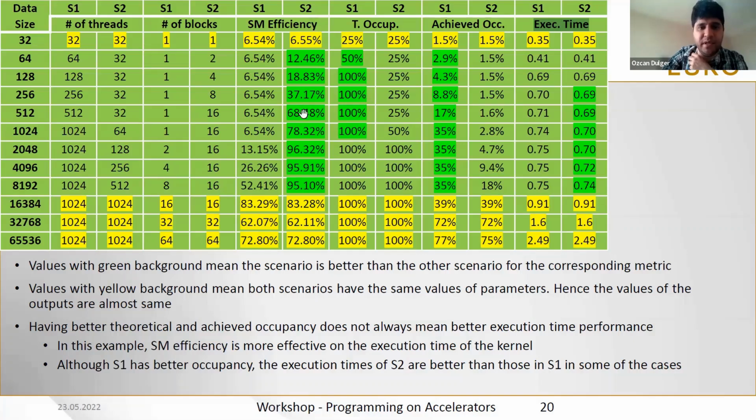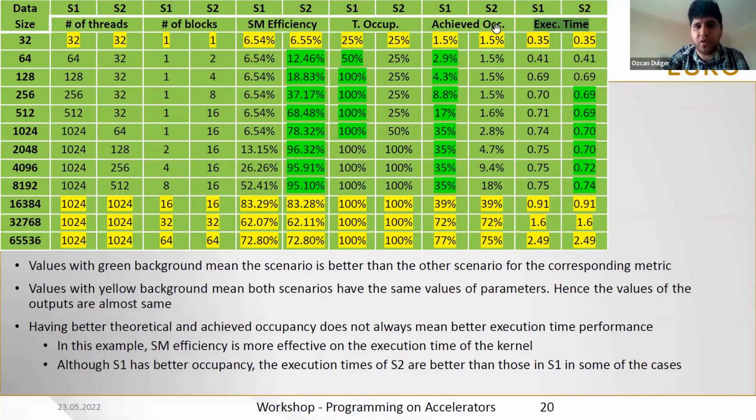The second scenario is better than the first one where the data size is between 2^6 and 2^13. For the theoretical occupancy, the first scenario is better than the second one where the data size is between 2^6 and 2^10.